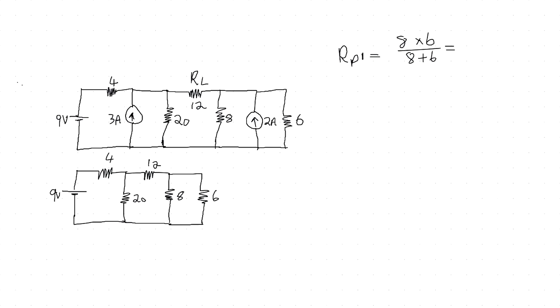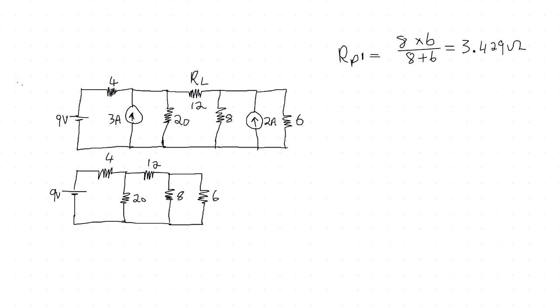8 times 6 divided by 8 plus 6 is 3.429. I'll round off my values to 3 decimal places.